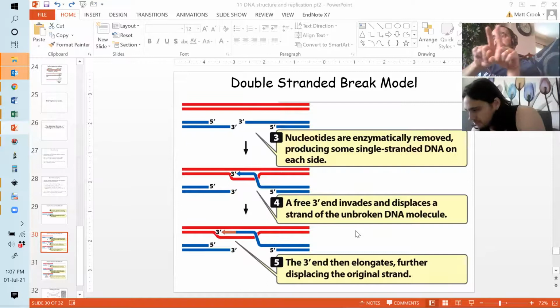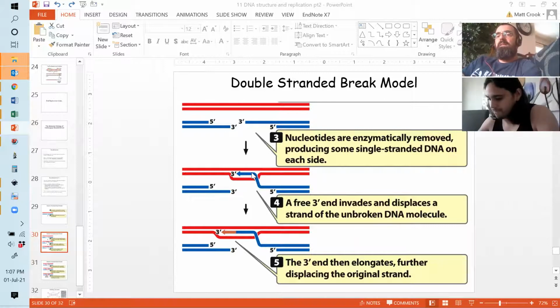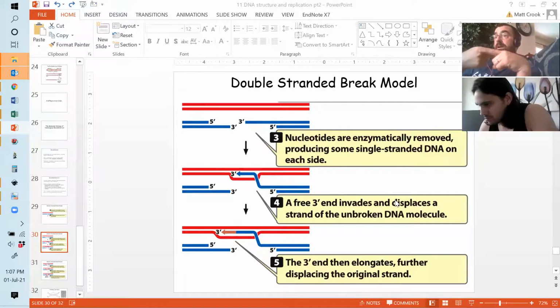Because these are, if not identical, nearly identical, right? They're homologous chromosomes. This 3' end, this free end, is going to match the other strand of this double-stranded intact molecule, right? They're going to base pair because they have the same DNA sequence.